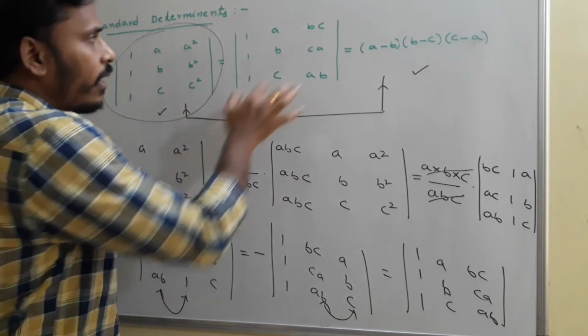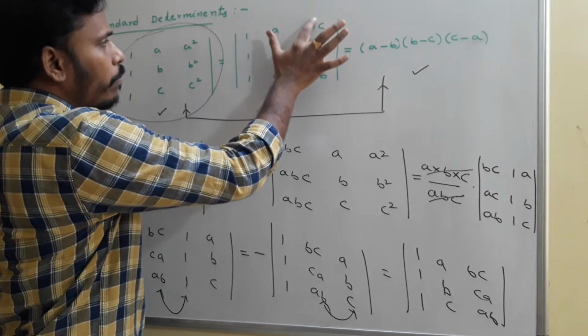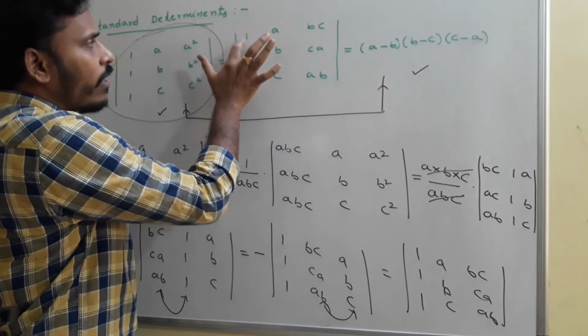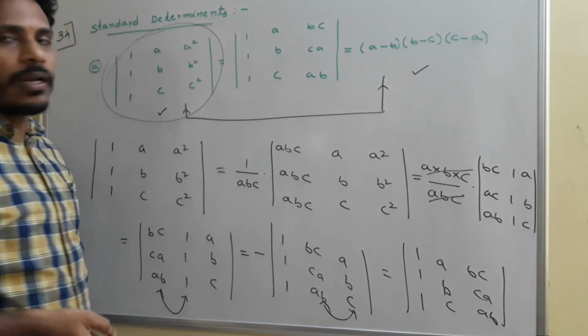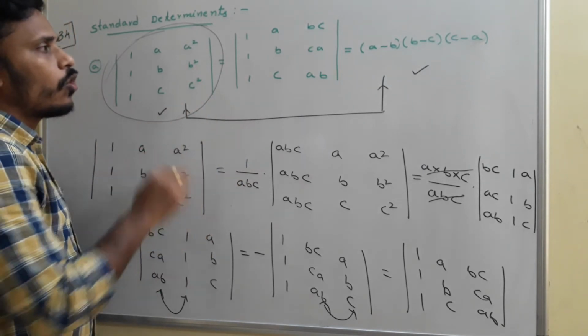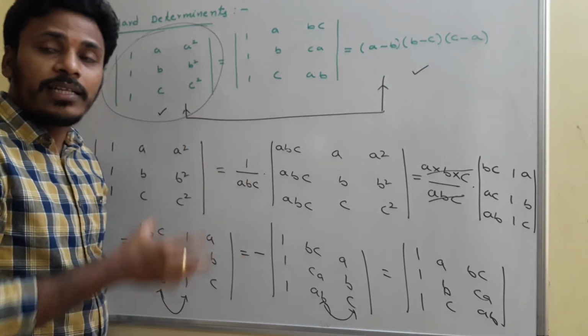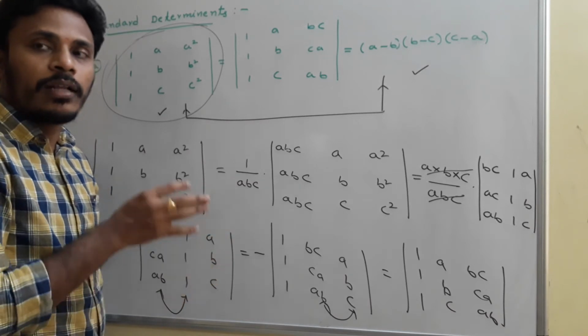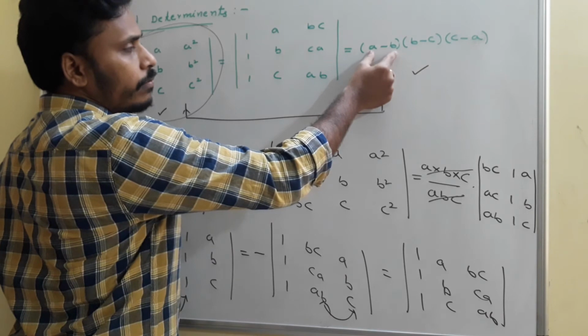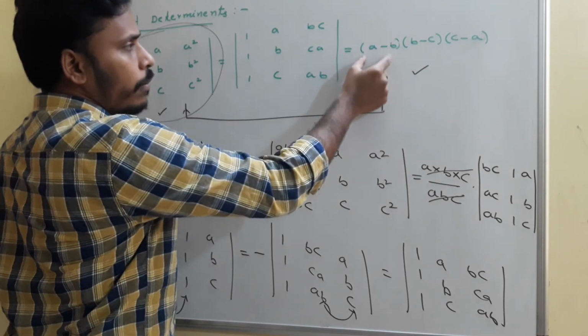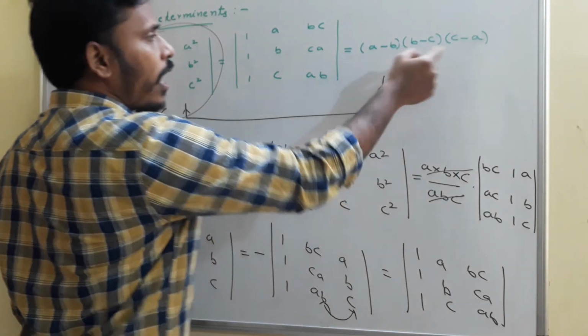Here again, BC: C power 1, B power 1, A power 1, and here nothing, no variable part, so power 0. Here again the power of the variable part is 3. And so the determinant also contains 3 terms in its answer, which means it maintains a power of 3. So this is A minus B: A power 1, B power 1, this is 1, this is 1, and you have 3.